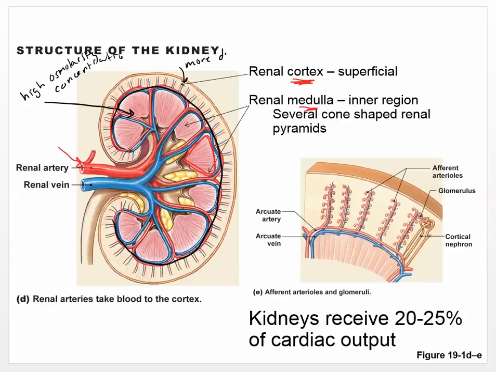That's a pretty important concept when we get to the next section, when we start talking about how we either have very concentrated urine or very dilute urine. And it's that concentration gradient that does that.